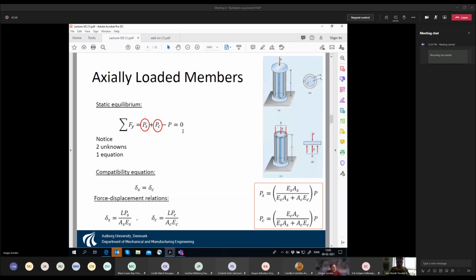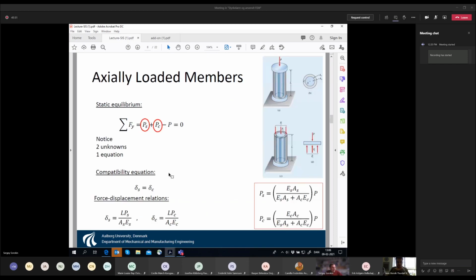So the logical step is to introduce compatibility. But here there are no tricks. Of course, here we suppose that this upper lid is infinitely stiff, so it cannot deform. Then there is no other way except to say that the deflection downwards of the tube must be exactly the same as the deflection downwards of the cylinder. They must go down by exactly the same amount.